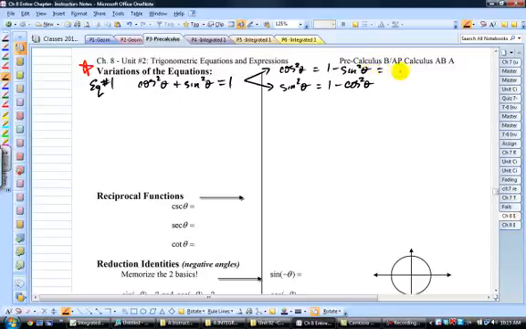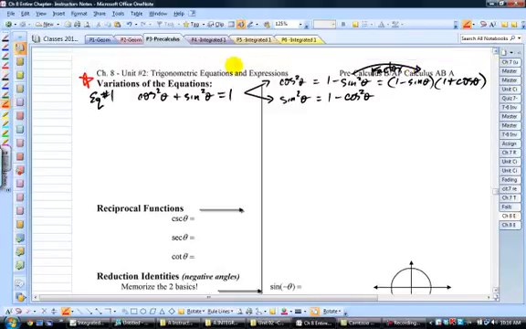I could factor this and write it as 1 minus sine theta times 1 plus, oh, that's a plus sign. I'll change that. 1 plus sine theta, just by factoring. From here to here, you can factor. The reason we can do that, let me put up here in red just so you can see it, is that we know from algebra that a squared minus b squared is equal to a plus b times a minus b.